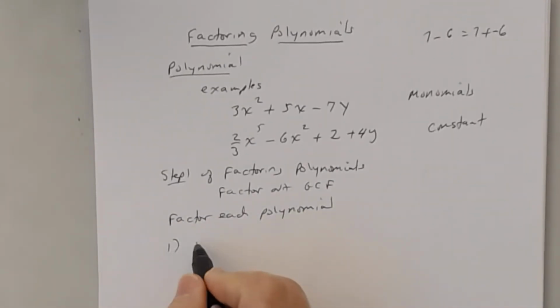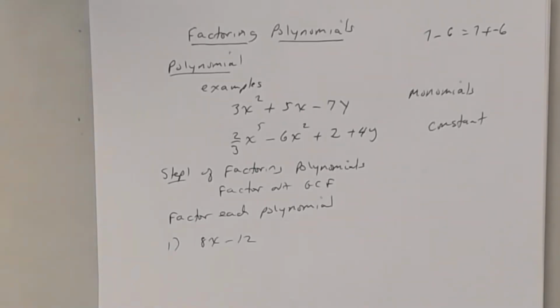Number 1, we have 8x minus 12. So we have this polynomial. It has how many terms? 2. So you want to look at those 2 terms and ask yourself, what is the greatest common factor of those 2 terms? 4. Anybody think anything else?